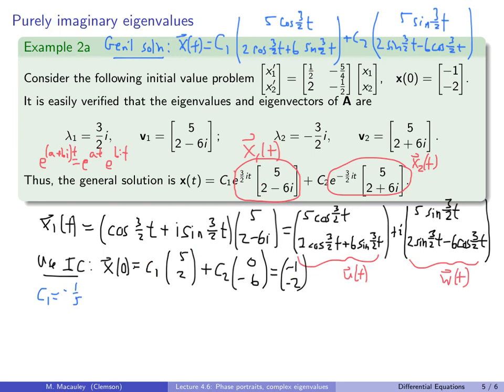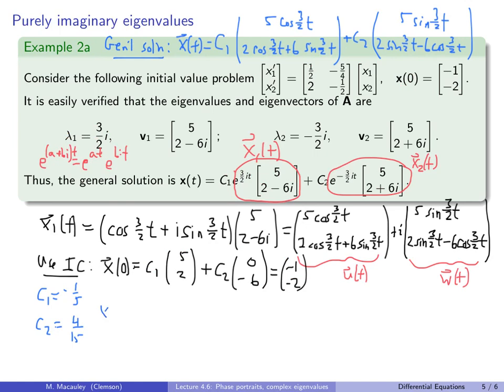So c1 equals negative 1/5, and c2, this is a little harder, but it's just algebra, 8th or 9th grade level, is 4/15. So what that means is this particular solution happens when c1 is negative 1/5 and c2 is 4/15.